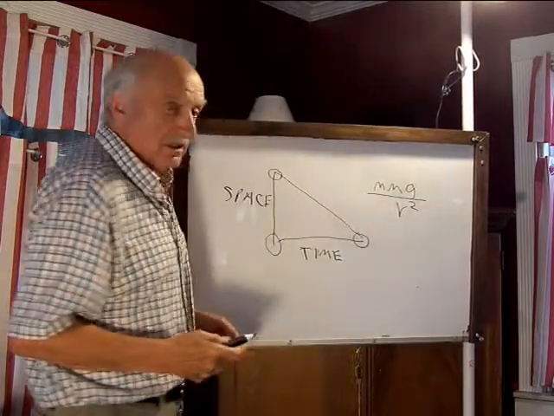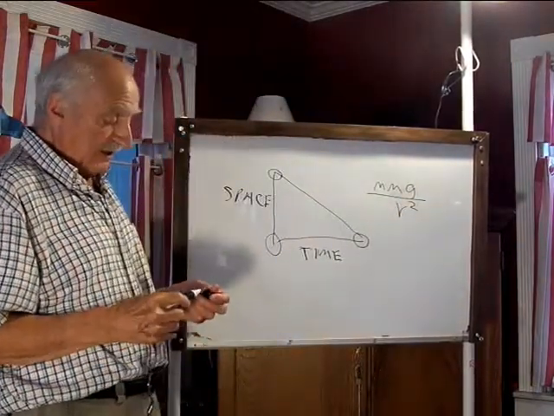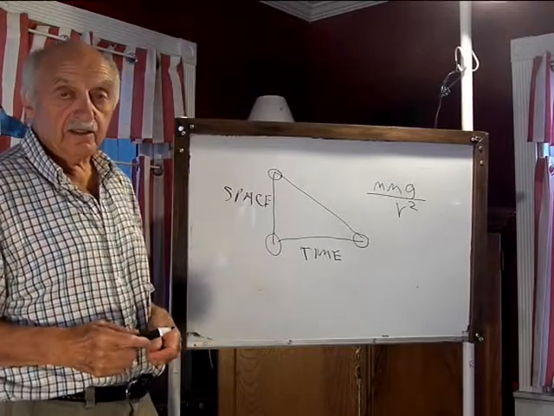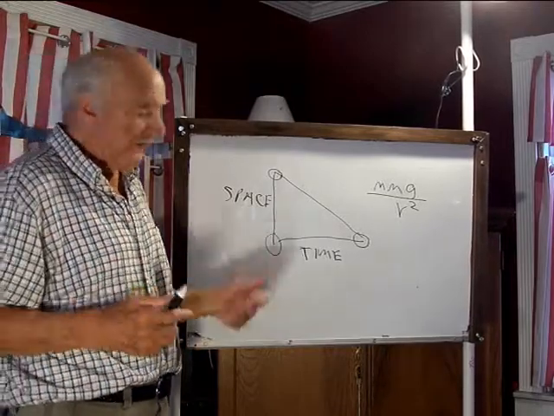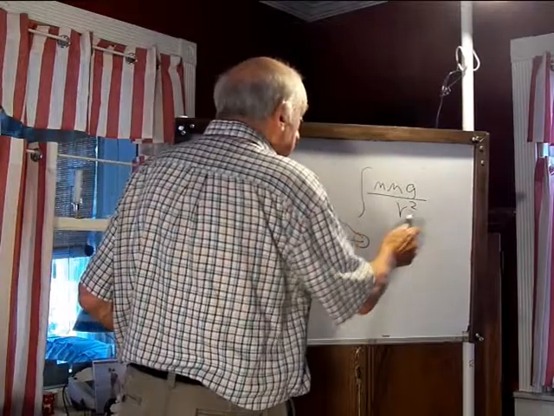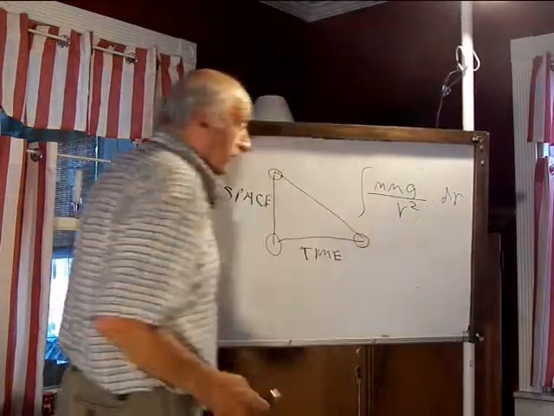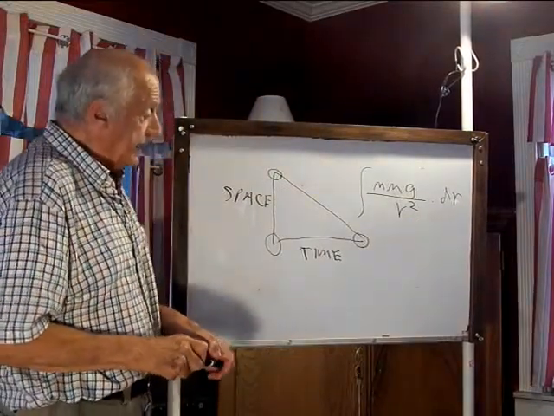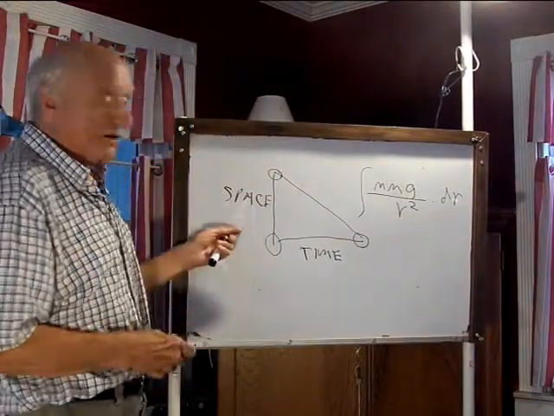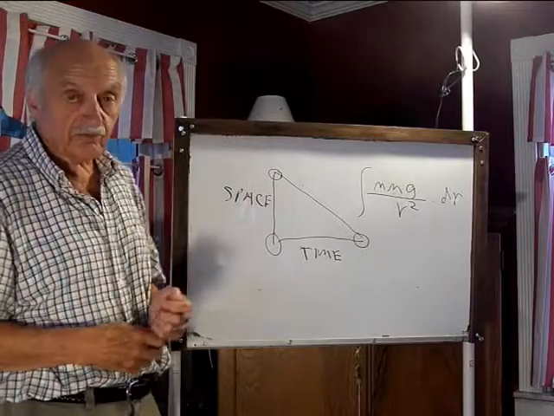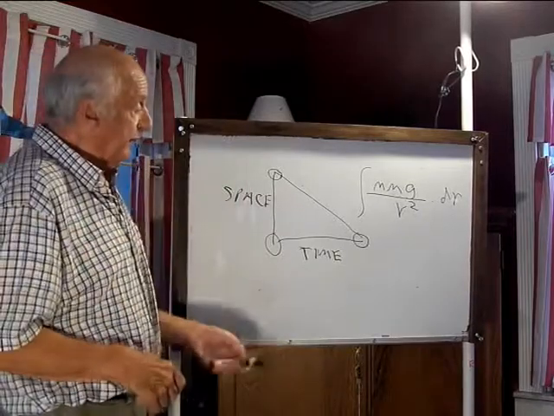That is the force, and when you integrate that against the distance, because energy is force times distance, you get the energy, the potential energy. So this length represents in a nonlinear manner the potential energy.